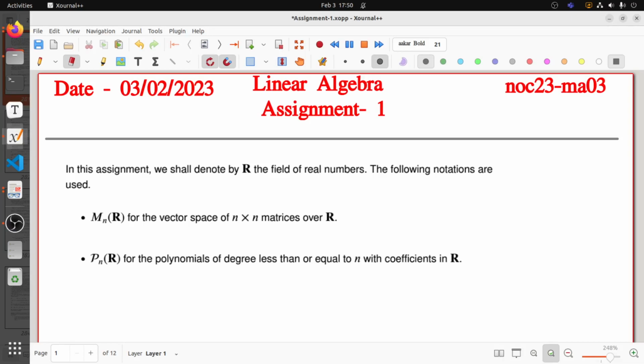So C of p1 star is just C of p of minus x, right? So what is this?